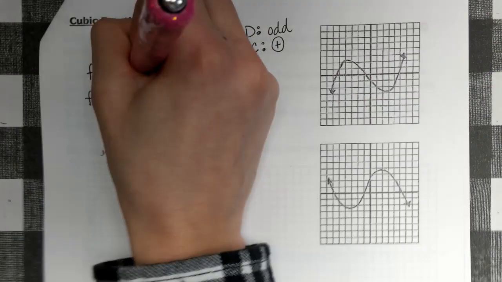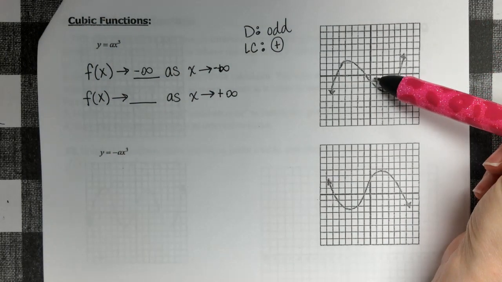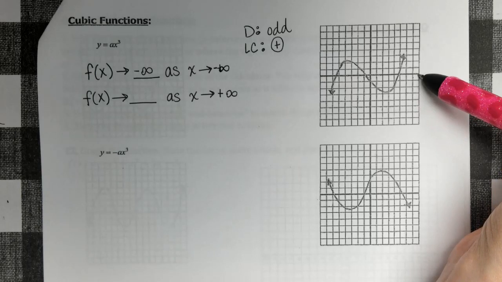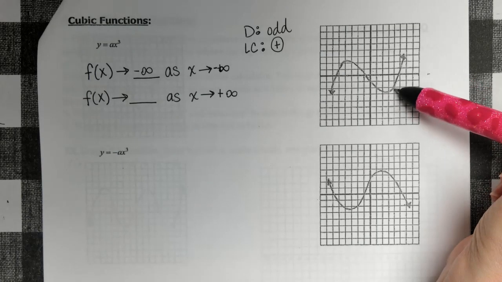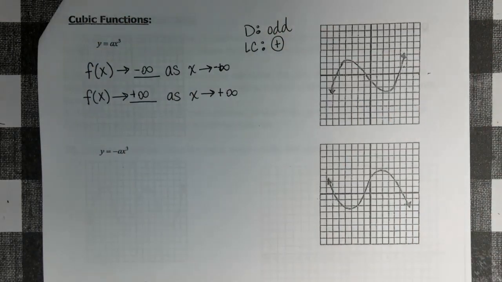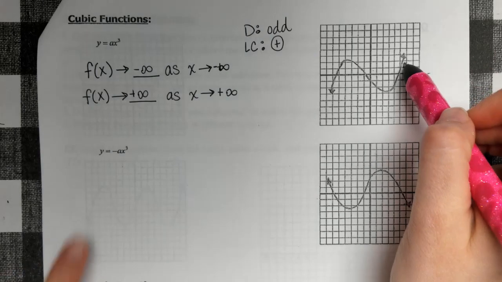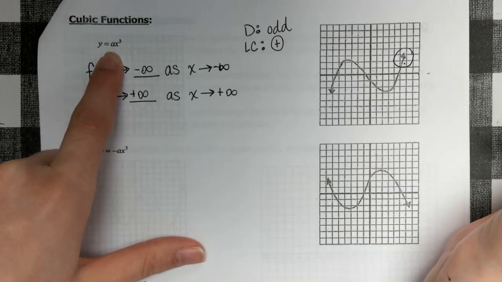Down, so negative infinity. As my graph goes to the right, as x approaches positive infinity, where's my graph going? Up to positive infinity. Okay, so if you heard me a second ago, I said your leading coefficient tells you where your graph ends. So that's going to be on the right side. So my leading coefficient is positive, so it ends positive.